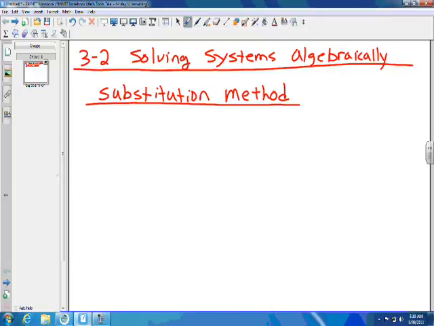The other one later will be the elimination method, and you can pretty much choose. Your directions in your homework will tell you to use the substitution on some, the elimination on some, and then it will give you some just to do however you want to.